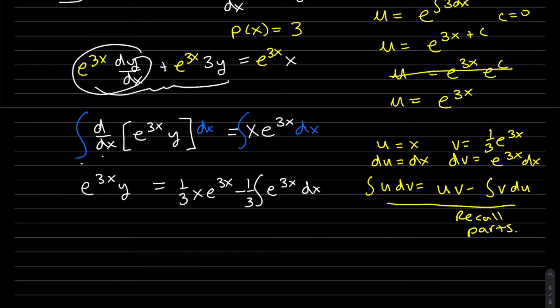Yeah, it's these two. V du, 1/3 e to the 3x dx. So we integrate this. Copy this. Just be careful though, that's not on the bottom.